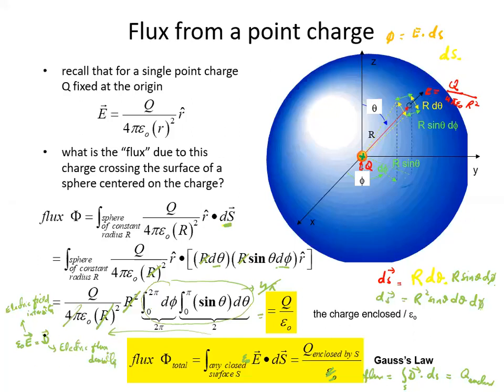Okay, so one is electric field intensity, the other one is electric flux density. D is electric flux density. Just focus on these definitions.